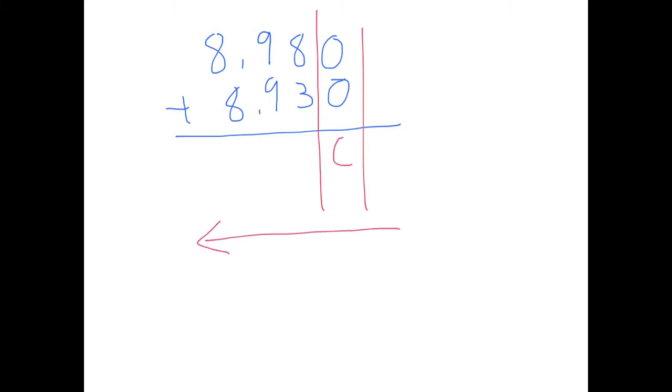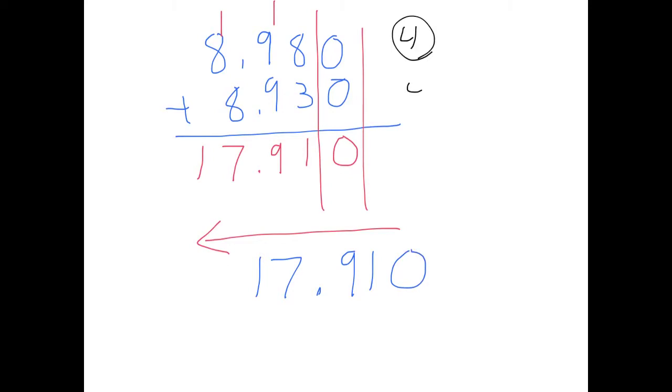So I'm adding them together. So my answer, with my correct number of sig figs, would be 17.910. And yes, I started off with a number with 4 sig figs and a number with 4 sig figs, and I wound up with an answer with 5 sig figs.